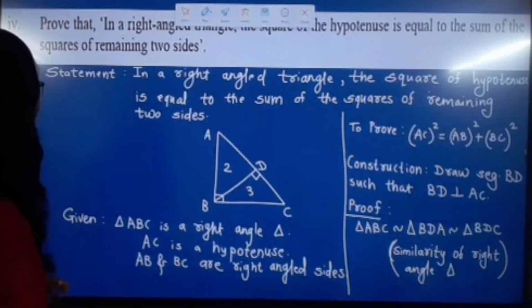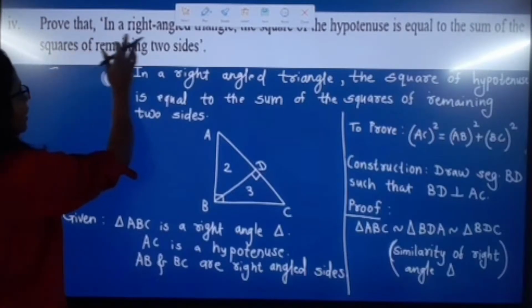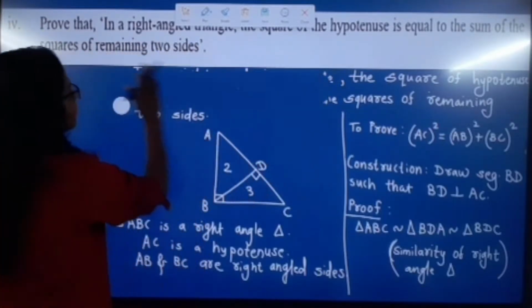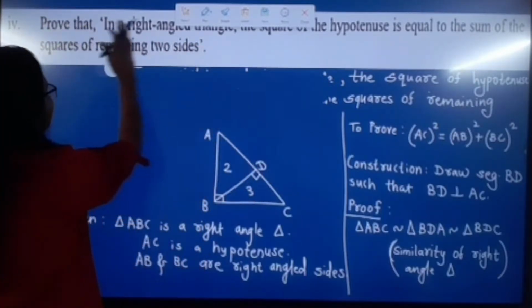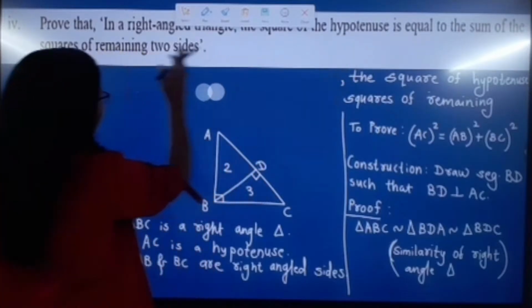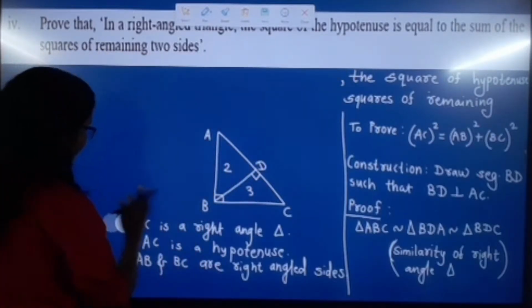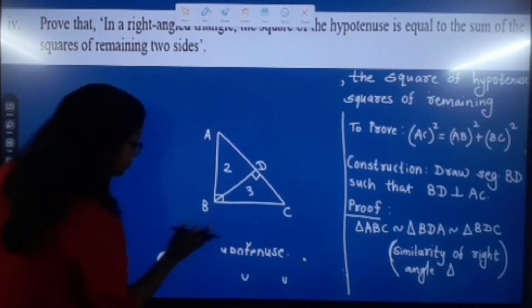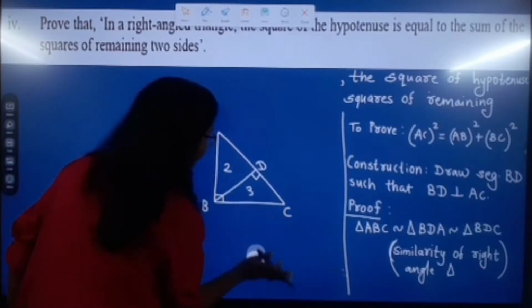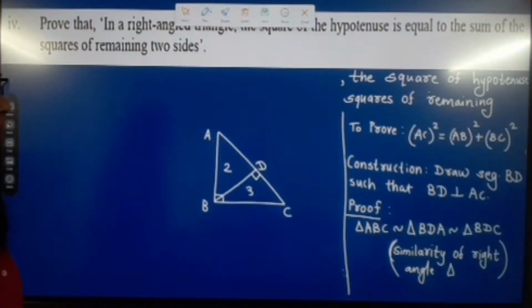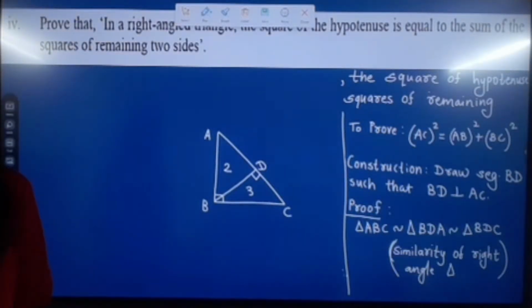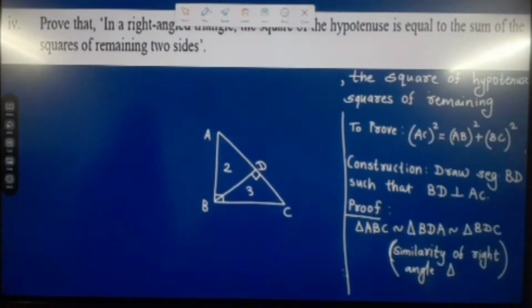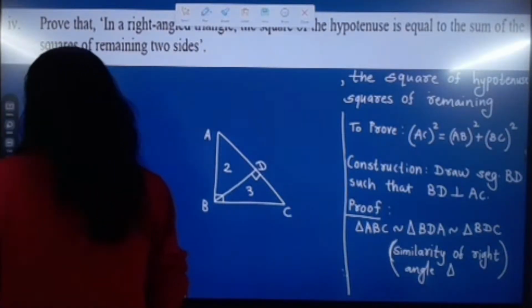So the next part I write down here. First I take two similar triangles, students.